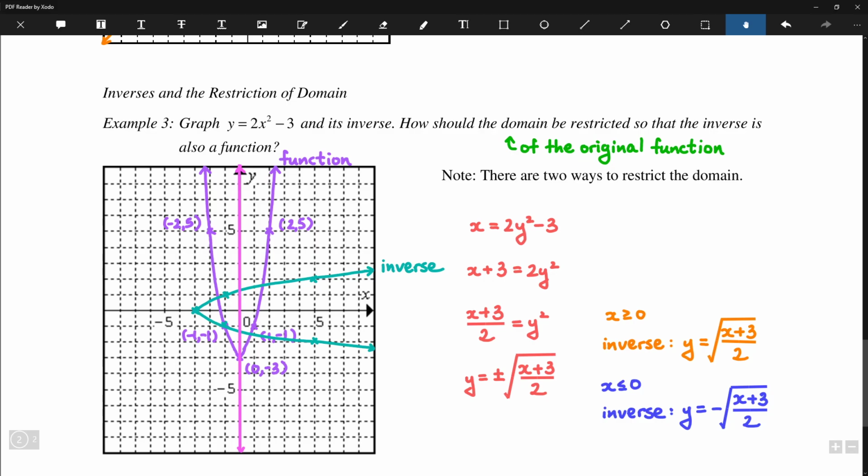Right, and that's all we have for inverse of relation. The key here is how to find the inverse both graphically and algebraically, and also the restricting domain portion about inverse as well. And that's all we have for today, so thank you for listening.